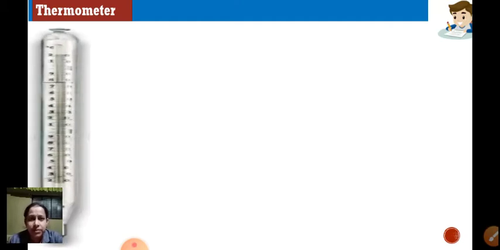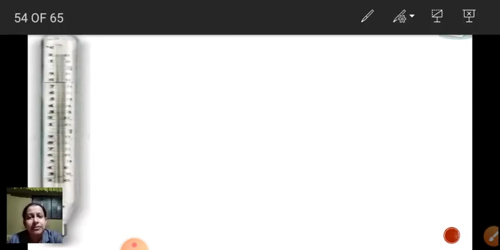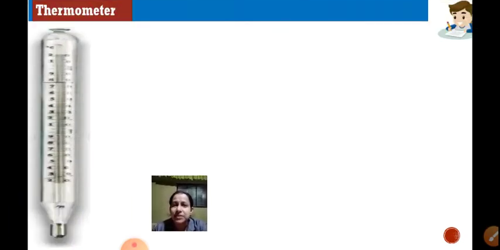Now if you see here, this thermometer is made up of two glass tubes. There is one outside which is a larger glass tube and inside which is a very narrow tube. So here you can see the narrow tube inside the thermometer.